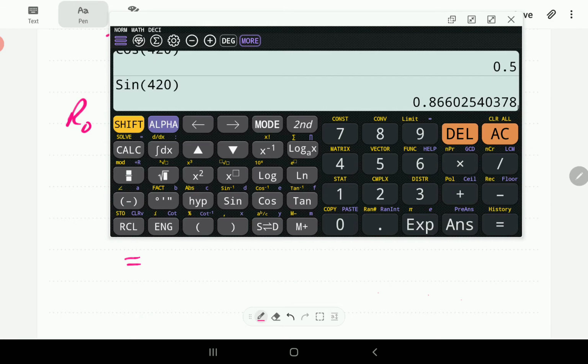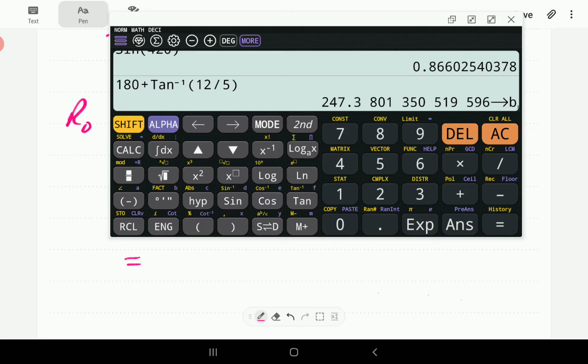First, make sure our calculator is in the degrees mode. It is. So then we're going to do 180 plus inverse tangent 12 over 5. Okay, and so that is our theta. We are going to save this as b.